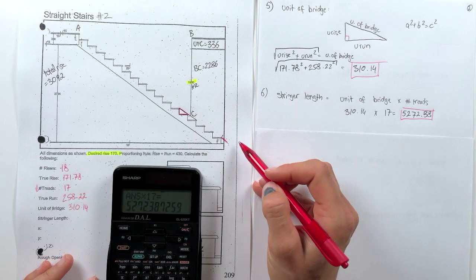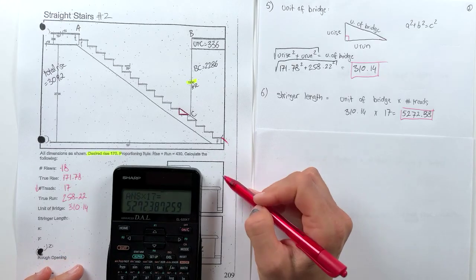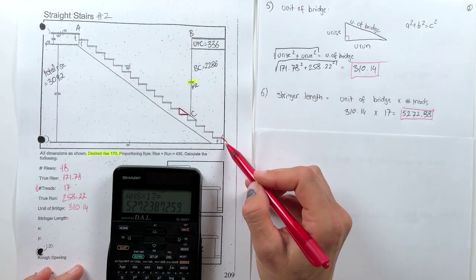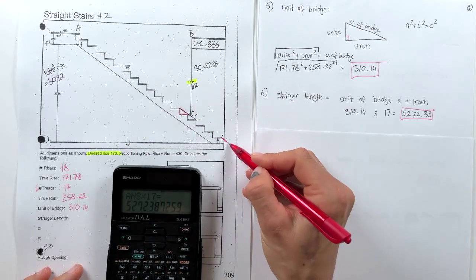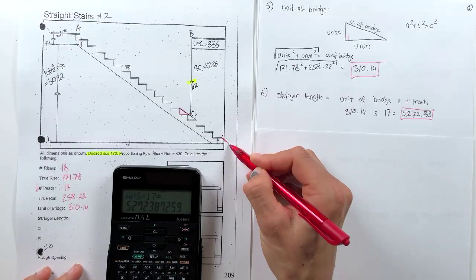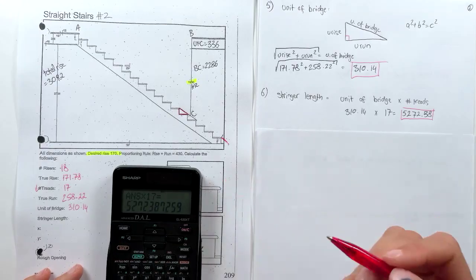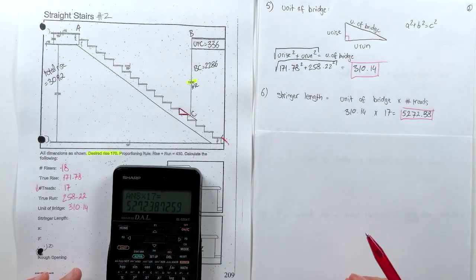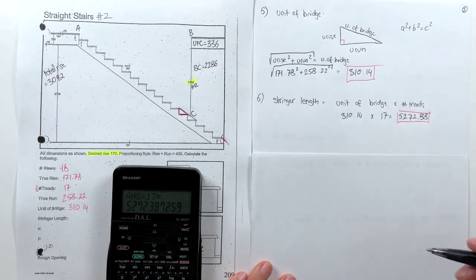So a more accurate measurement to make sure that you're buying a stringer long enough would be to multiply by the number of risers, because it would get you all the way to the bottom of the nosing line where you touch the ground. And that would ensure that the material you're buying is long enough. So like I said, check with your instructor. That's the way I've always done it, but check with them.